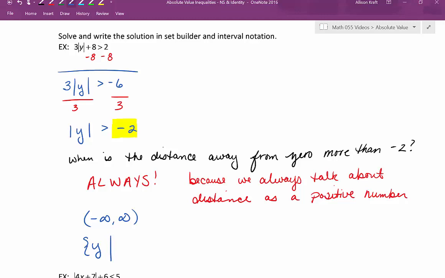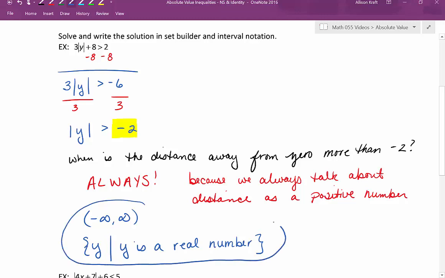So I'm going to write the set of all y such that y is a real number. Because the distance away from 0 is always greater than -2.